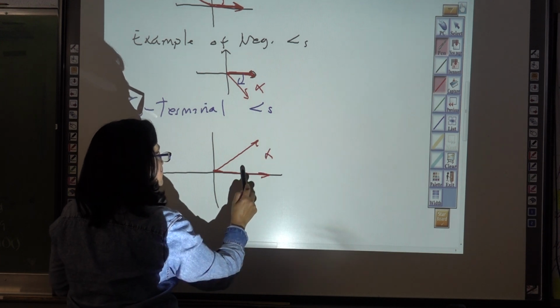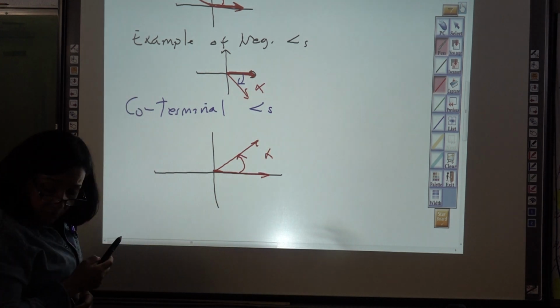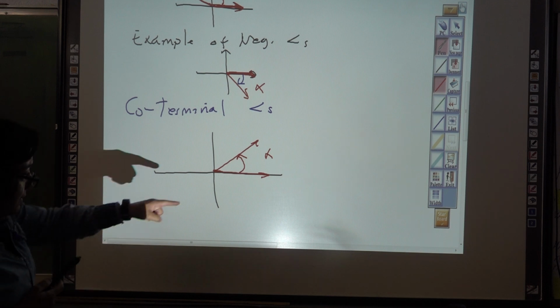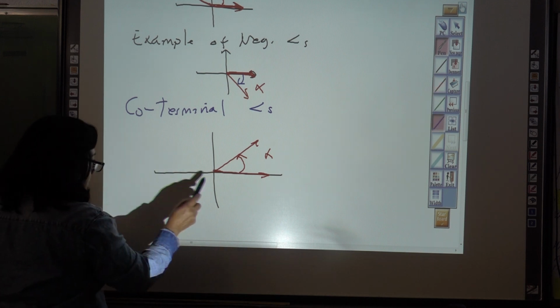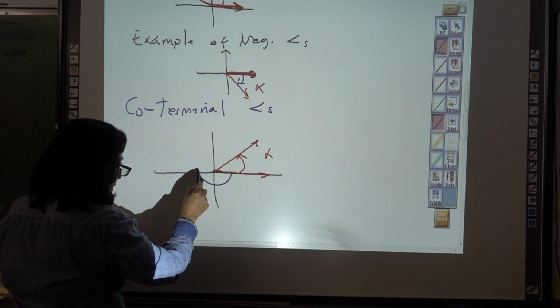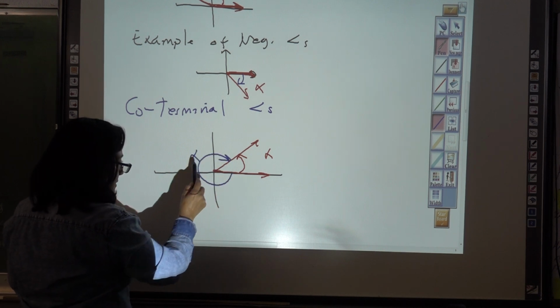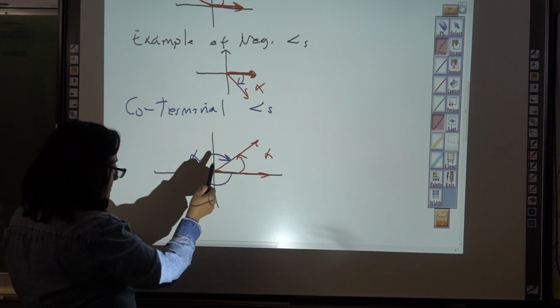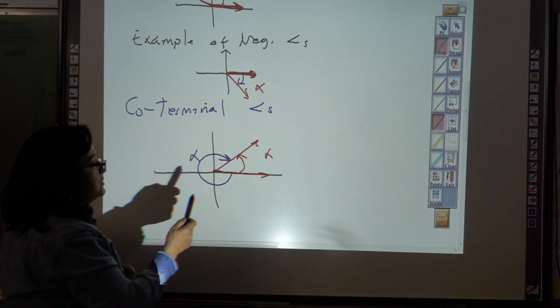This is alpha. And another angle starts right here and ends right there. It goes all the way around. So this is alpha, this is beta. So alpha and beta are coterminal angles.